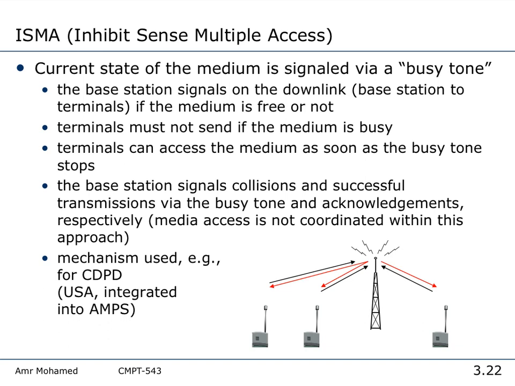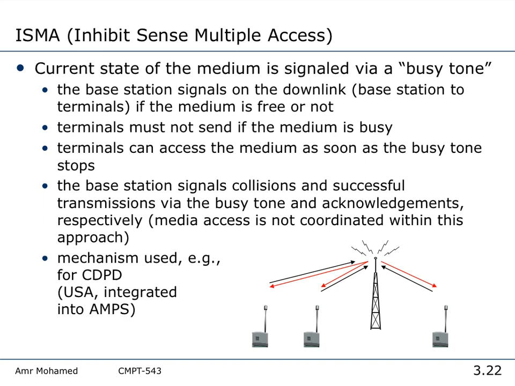Okay, so how do we control the access to the medium? Because we're talking about medium access control here, and here the medium access control is done in a very primitive way. What happens is that the base station will send a busy tone signal.